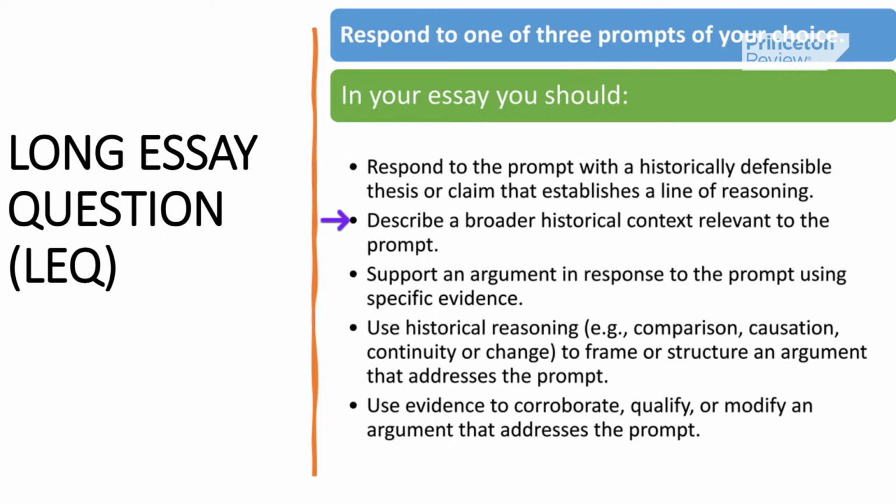Another thing to note is that the College Board will often give you specific time restrictions. For instance, like, we only want you to consider events from 1600 to 1754, right? So just make sure that when you're talking about the broader historical context that you're confined to that time period that they specifically mentioned.